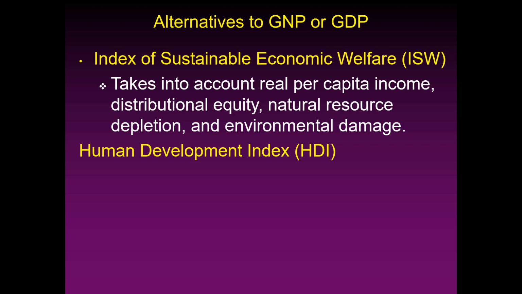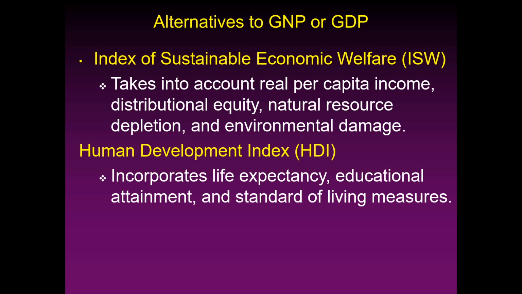Human Development Index. This is kind of my go-to. There are some flaws with it, but I think for the most part, it's pretty good. It incorporates life expectancy, educational attainment, and standard of living measures. So looking at a country like the US, life expectancy is pretty good.